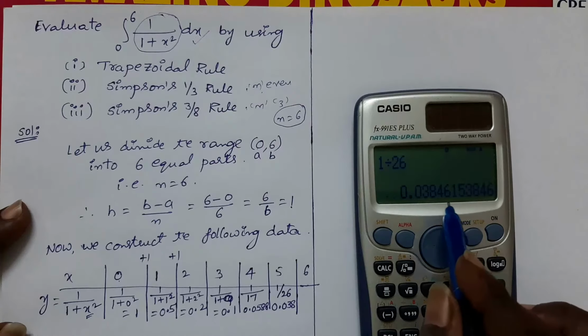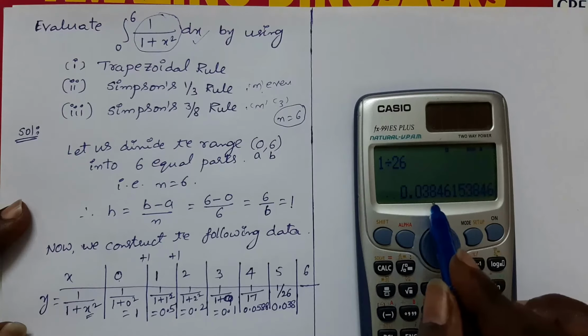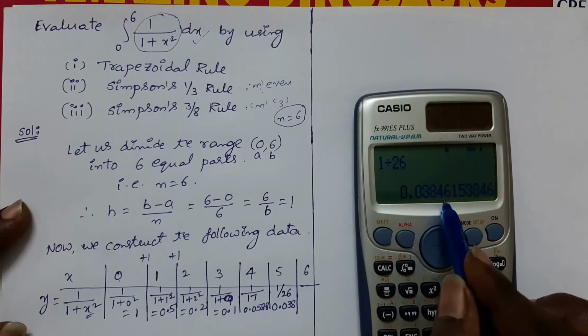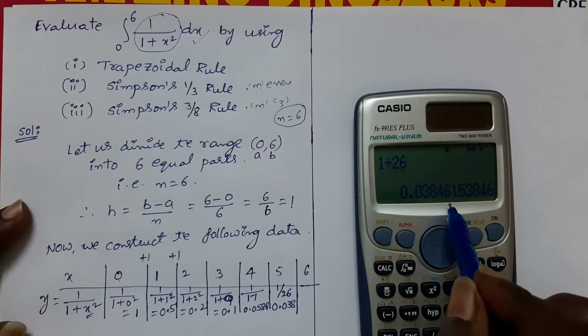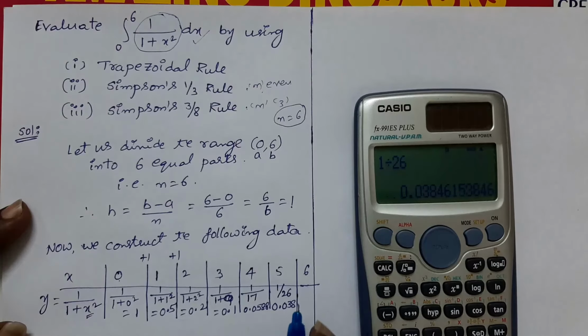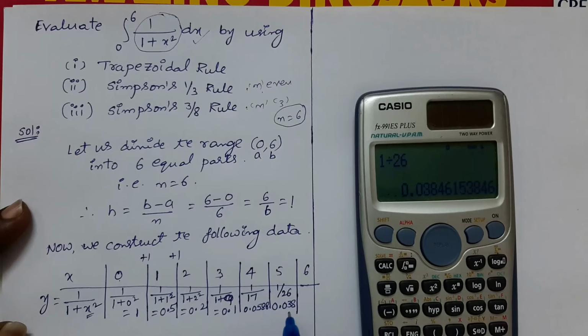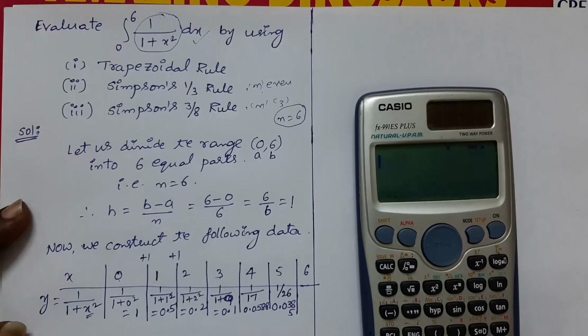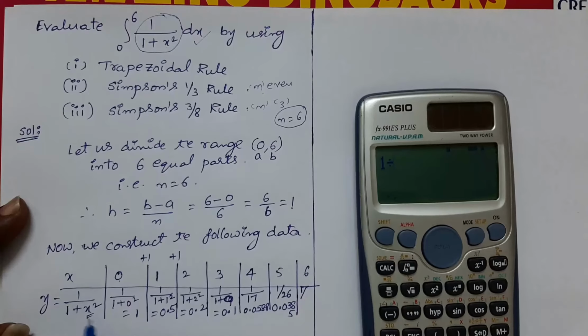It is enough to write 0.038. You can write 0.0384, otherwise 0.0385, because the fifth decimal is 6. By correcting to 4 decimal places, you can take it as 0.0385. Now 1 by 1 plus 6 square.